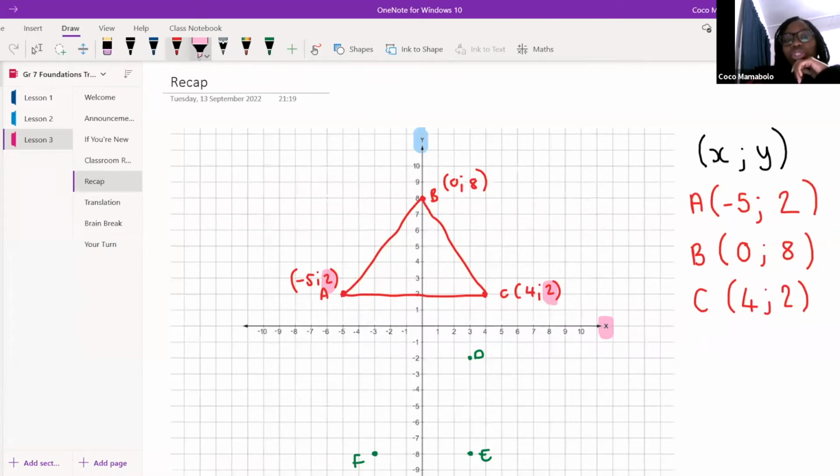Good, they have 2s. And do we remember what we said? If they both have 2s, what do we know about all the coordinates that sit on this line over here? What is their Y coordinate going to be, guys? The Y value is always going to be 2. Excellent.